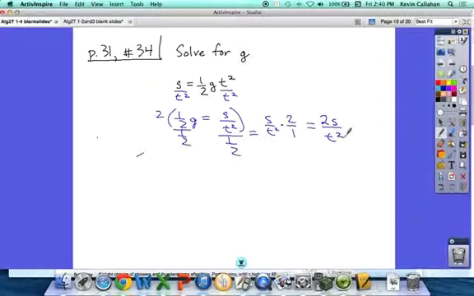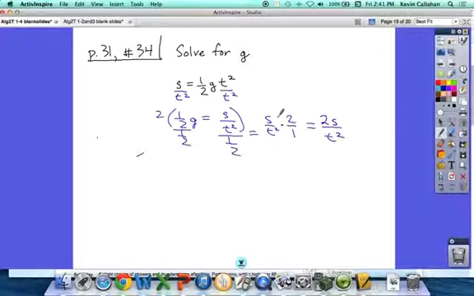So if there's any confusion about this, quiet. When you multiply fractions together, how do you multiply fractions? You multiply the numerators and you multiply the denominators. Okay?